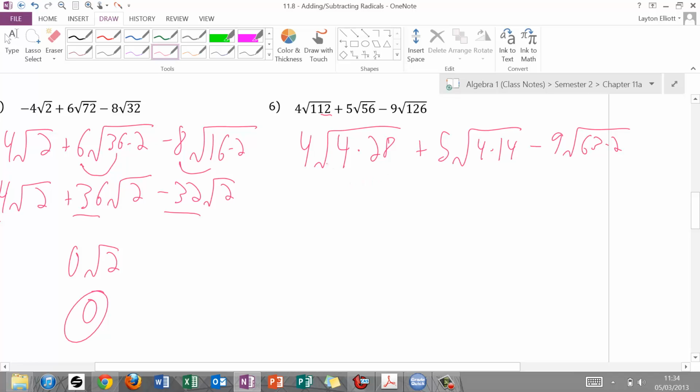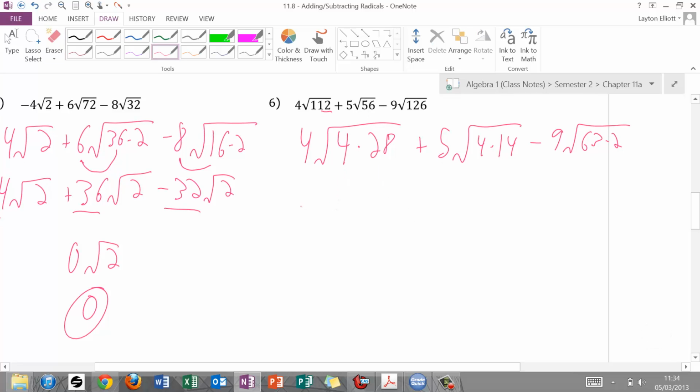Well, let's see, we have 4 and 28. I know that can really be 4 times 7. 5 radical, this would be, well, I can take this out now. That can multiply to become 10, leaving behind a radical 14.